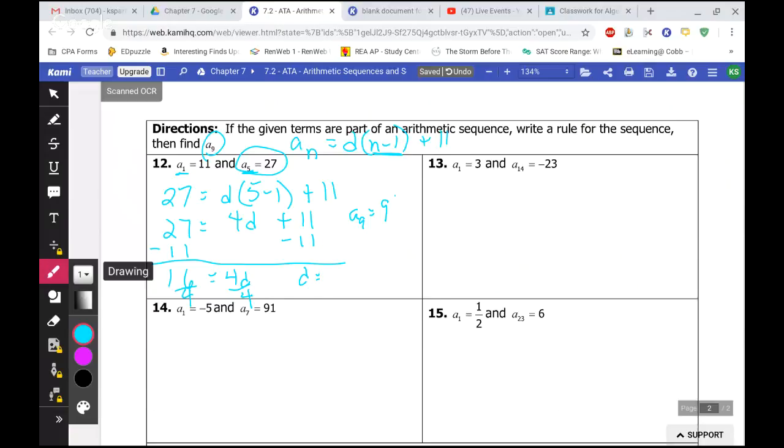So d equals 4. So now we have 4, which is the common difference.